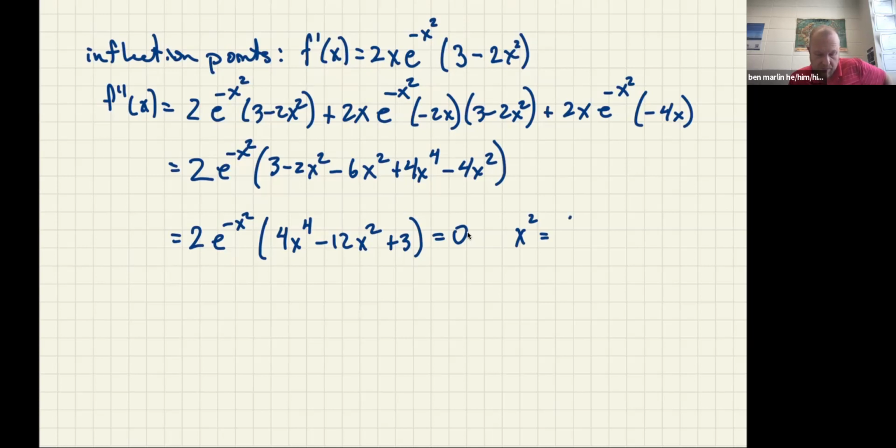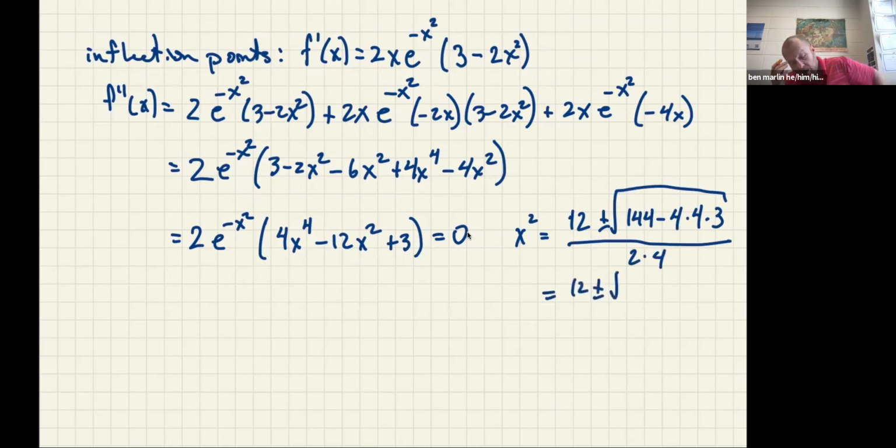So minus b plus or minus the square root of b squared minus 4 times the a and the c, divided by 2 times the a. So that top is 12 plus or minus the square root of 144 minus 48, which is 96.